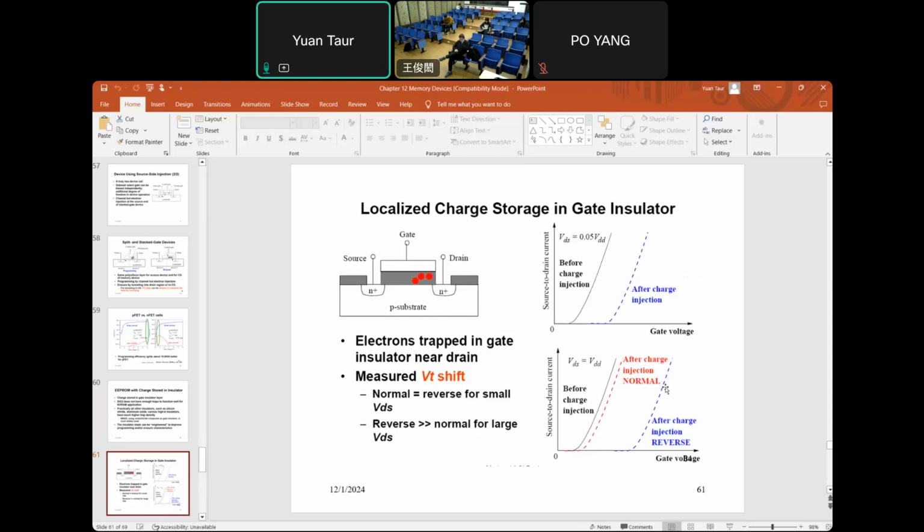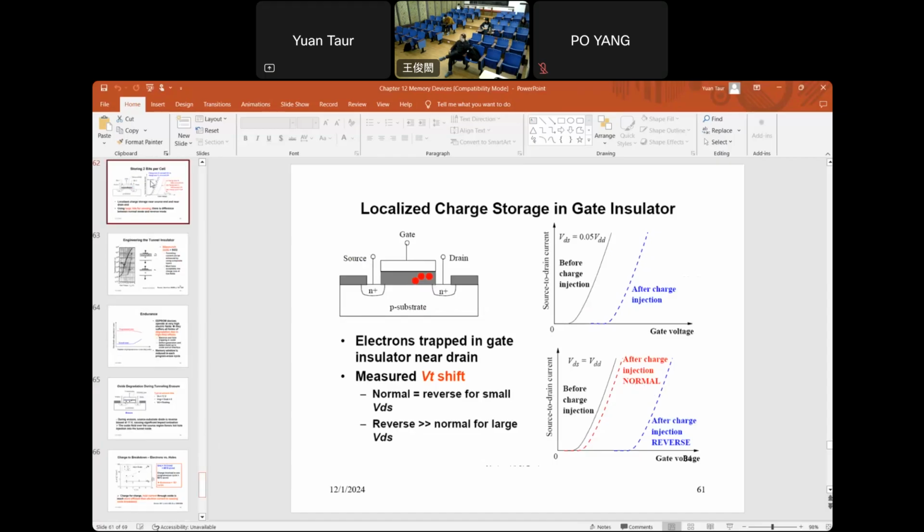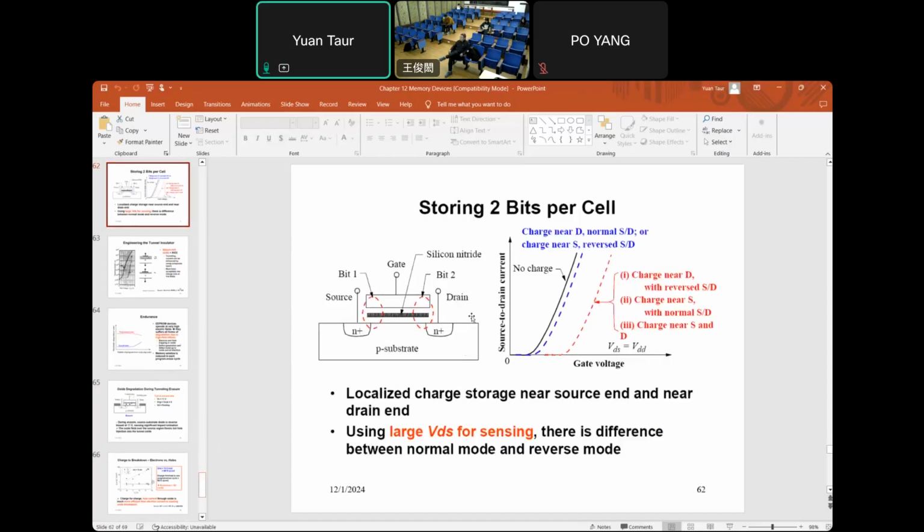So now we can use this method to detect more than 1 bit per cell. You can have 2 bits per cell, like in this case. In general, this is not a floating gate.